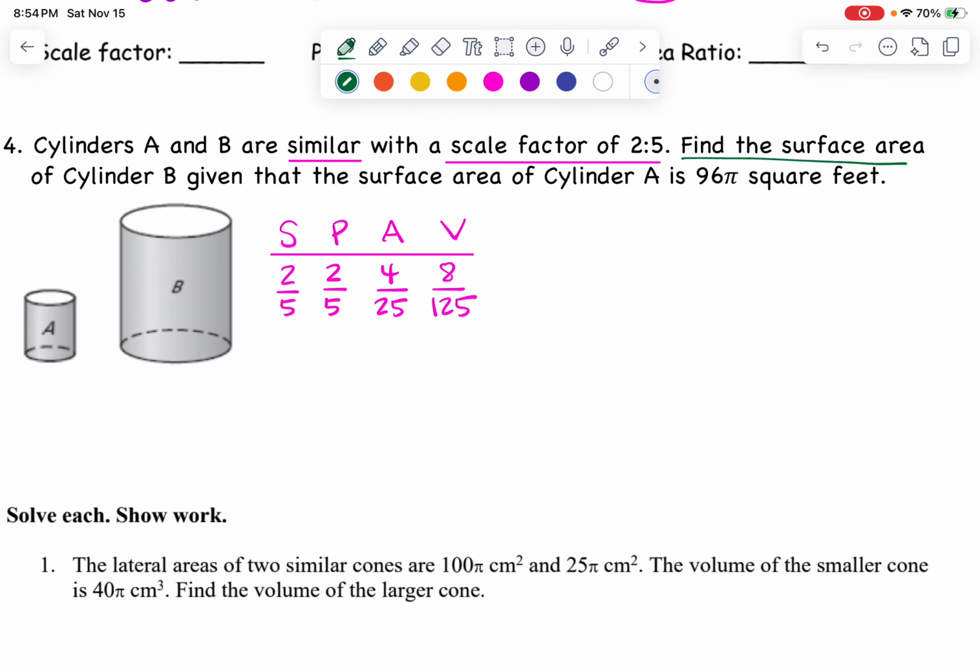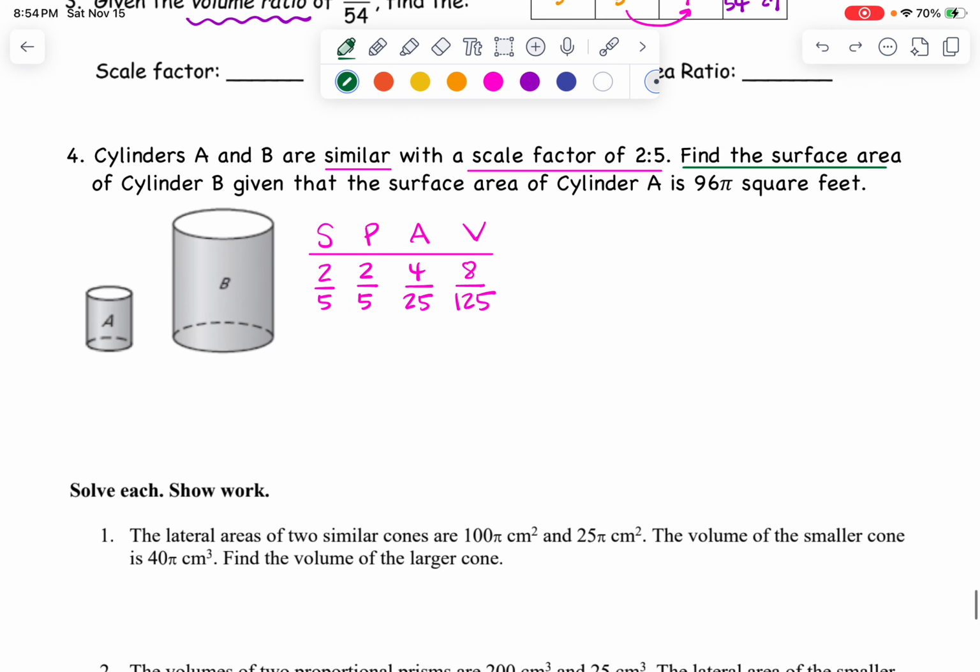It says, find the surface area of cylinder B, which is clearly the larger one, given that the surface area of cylinder A is 96 pi. So I'm setting up a proportion. And notice we're talking about surface area, which means I want this ratio in my proportion. If it was a volume question, I would use the volume ratio.